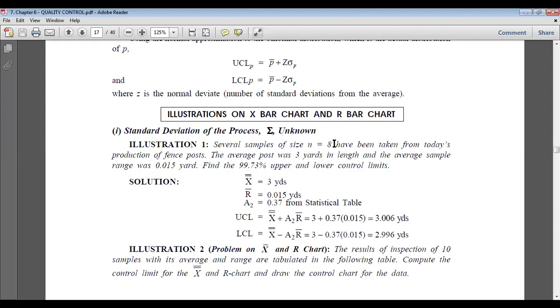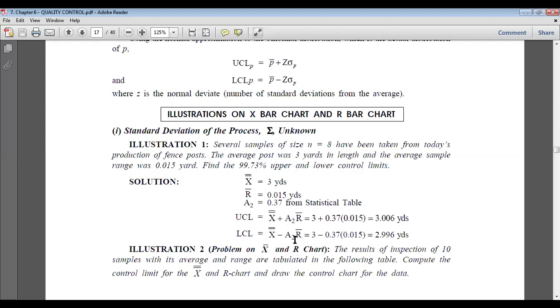If the sample size is 5 then it is 0.58, and for sample size 8 the A2 value is taken as 0.37. This will be given on the question paper, and for practical purposes we can take it from any book of quality control. So 3 plus 0.037 multiplied by 0.035 gives the upper control limit 3.006, and the lower control limit this way is 2.996.